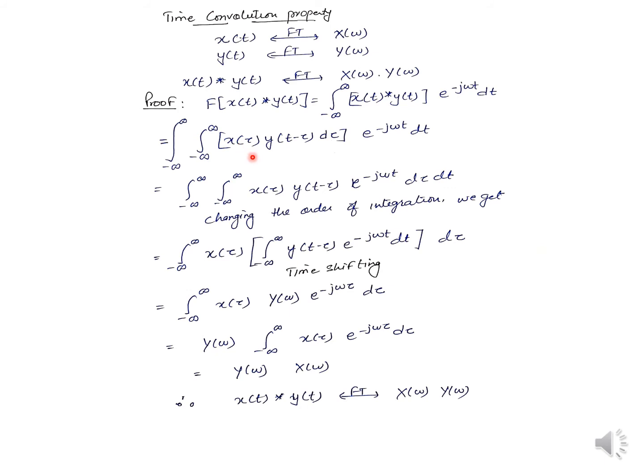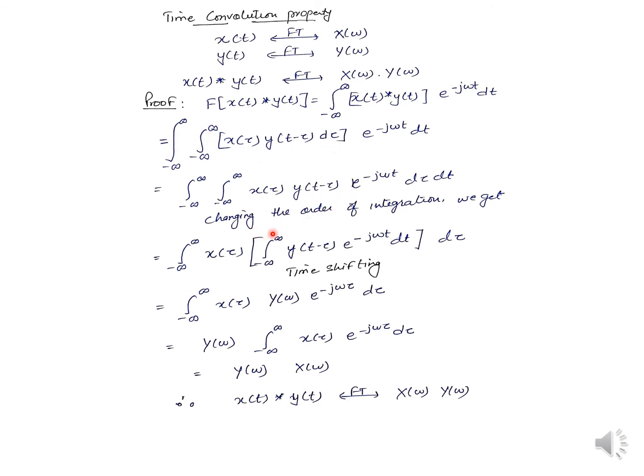So it is x of tau, y of t minus tau, bring in a new variable and integrate with respect to tau. You are shifting one of the signals and the other signal remains the same, but you are changing the variable, from minus infinity to infinity. Now if you rearrange it, multiply it inside, it will be this. Just multiply it there and keep the limits the same.